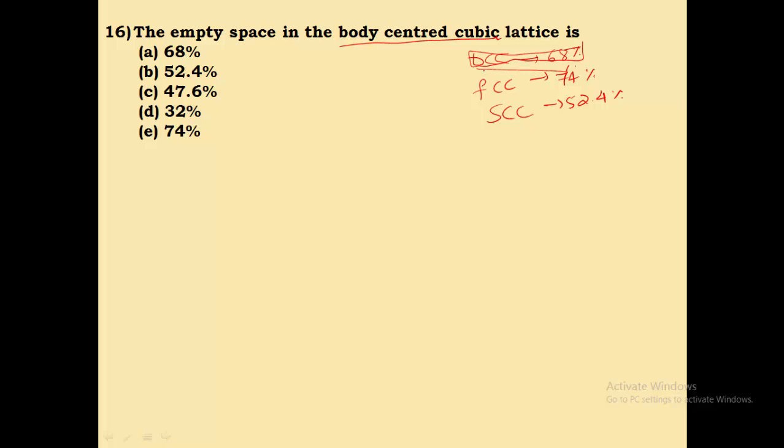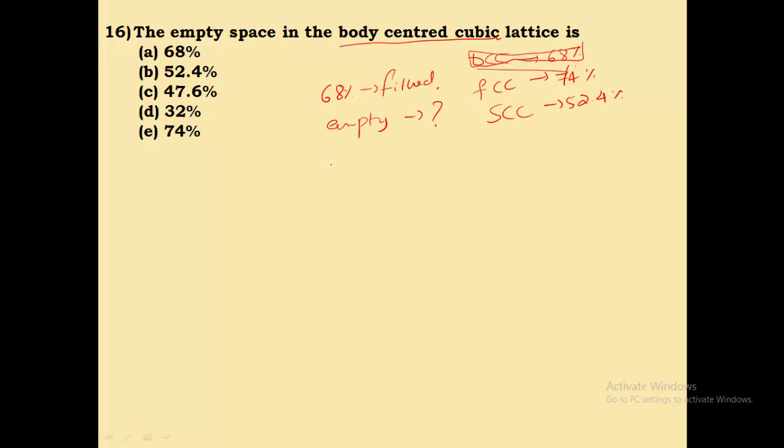That means 68% has been completely packed with particles, and remaining is empty space. So they asked the empty space. How much is filled? 68% is filled. So empty space you have to calculate.